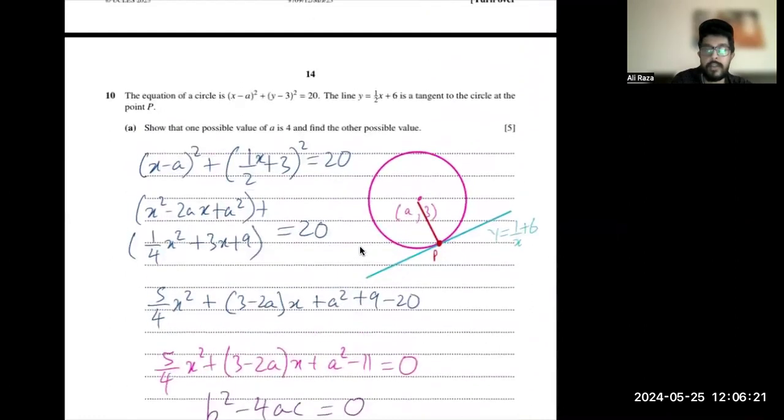Now we need to find the other value for a.